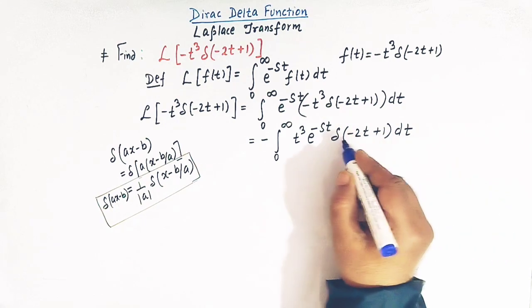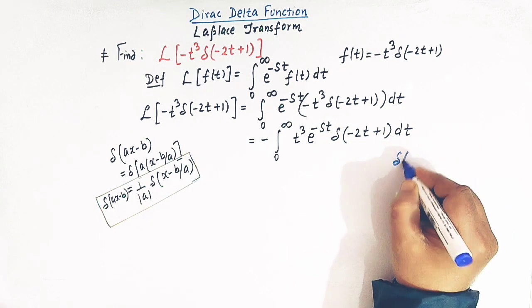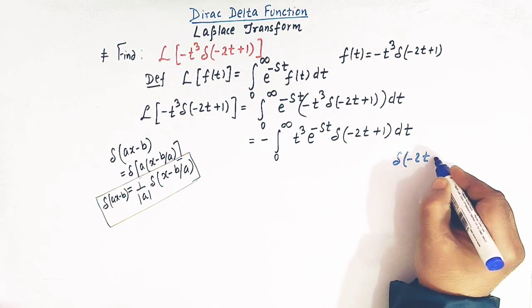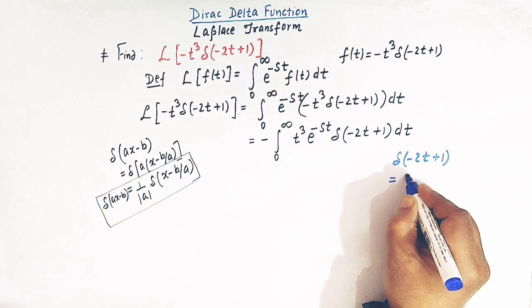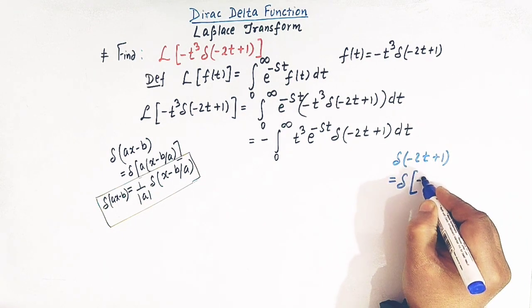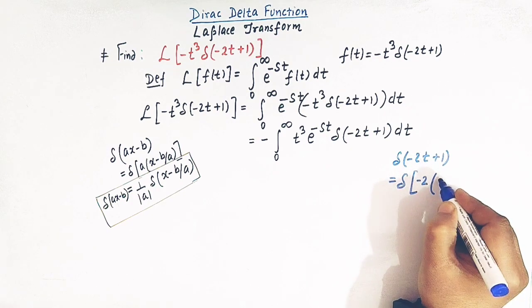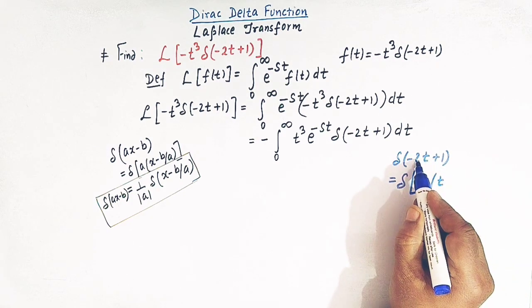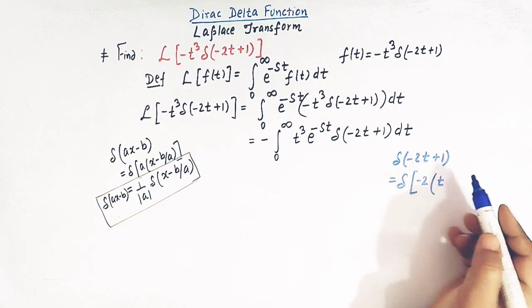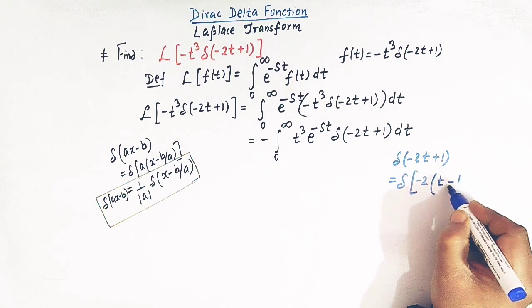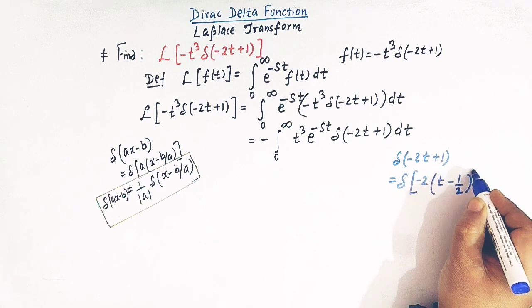So now this term, that is the delta of minus 2t plus 1, can be written as the delta of minus 2, and we have here t, because we are taking minus 2 common, so we have here t minus 1 over 2, right?